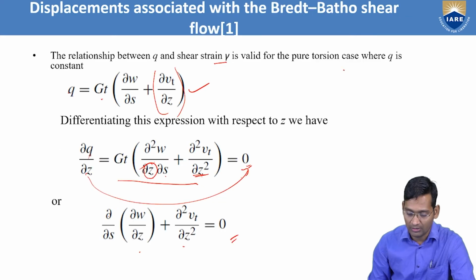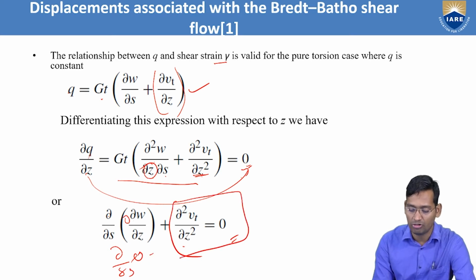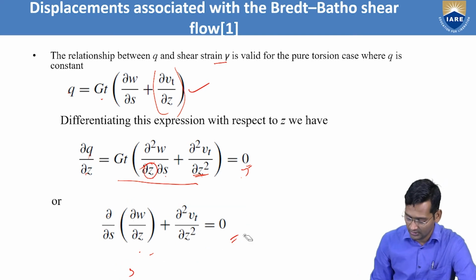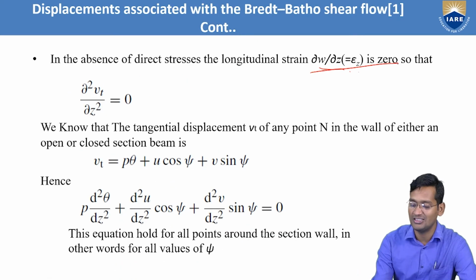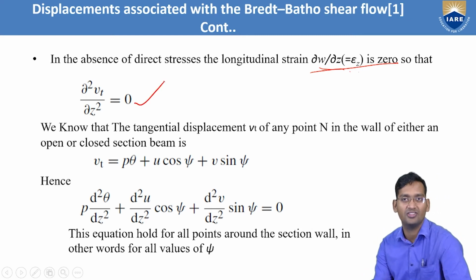So del by del S of 0 also will be 0, meaning this term will be equal to 0. Then del 2 Vt by del Z square is 0.